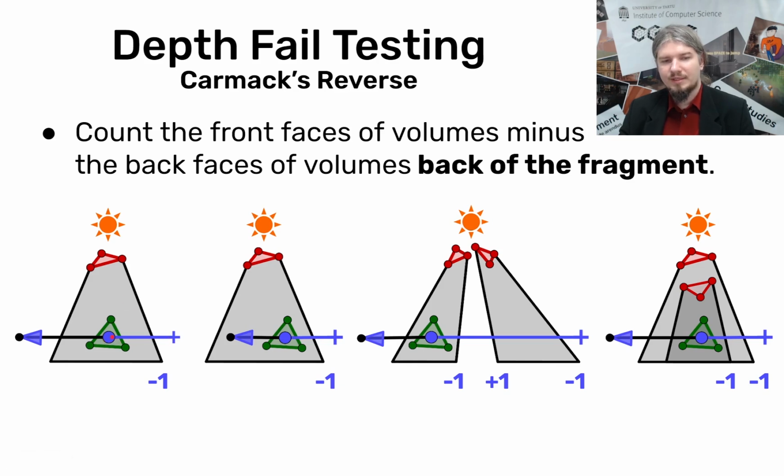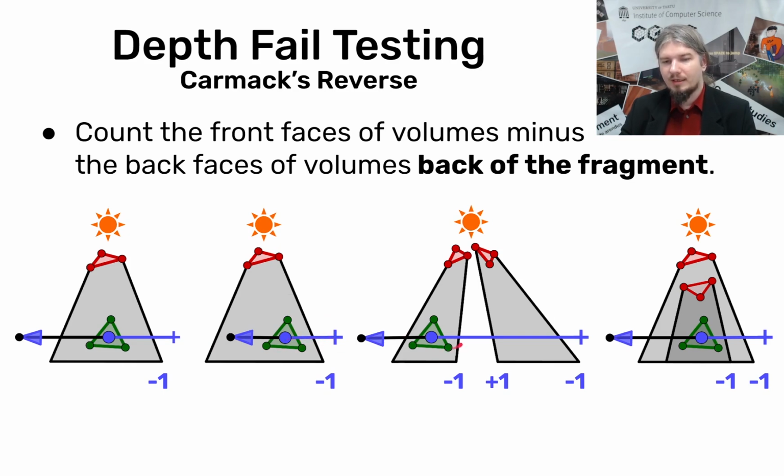So in the first case we see that there is this side of the shadow volume behind the fragment, we are exiting it, we are subtracting 1. So this means that in our space, this fragment has an exit from the shadow volume from its current position, meaning that it has to be inside the shadow volume. This approach fixes our problematic case from before, so when both the camera and the object are inside the volume, there is still an exit from the volume behind our object.